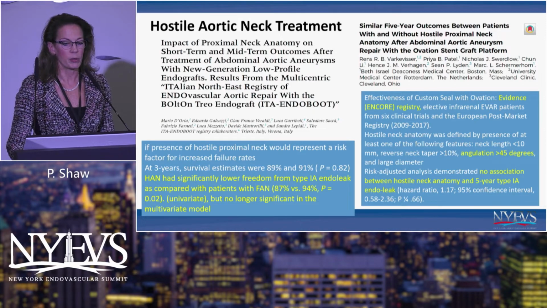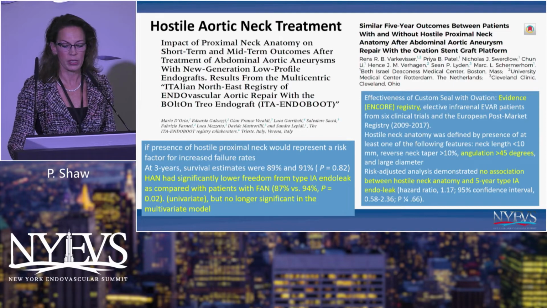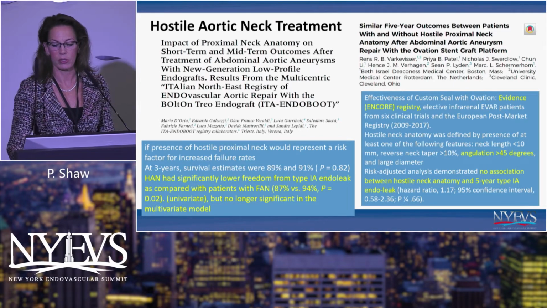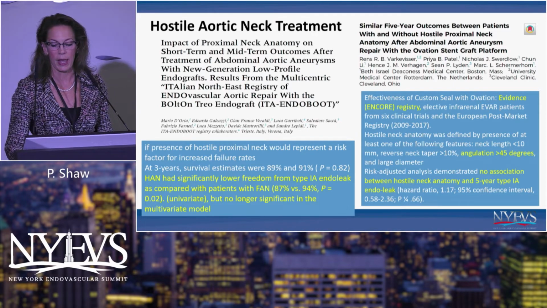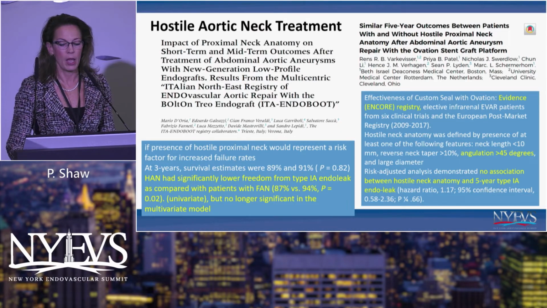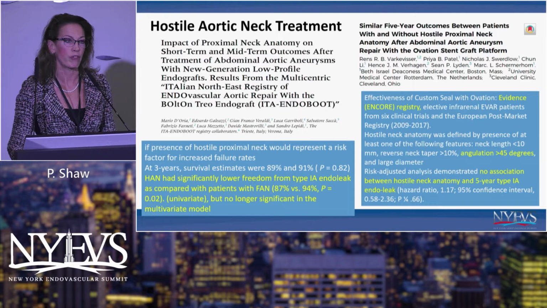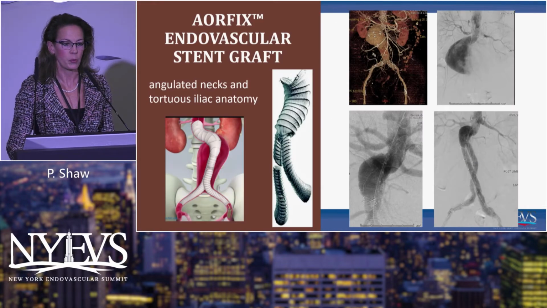Similarly, 5-year outcomes were found from the ENCORE registry looking at the Ovation device, and they found that with the risk-adjusted analysis, there was no association between hostile neck anatomy and 5-year type 1A endoleak. I do want to note that here they quote an angulation of greater than 45 degrees as being severe.